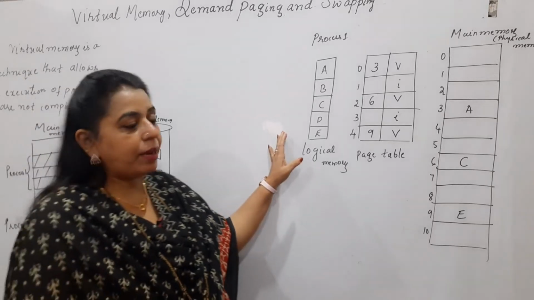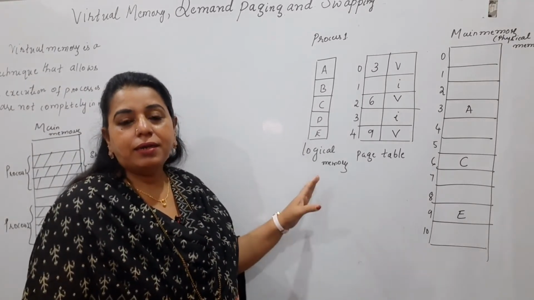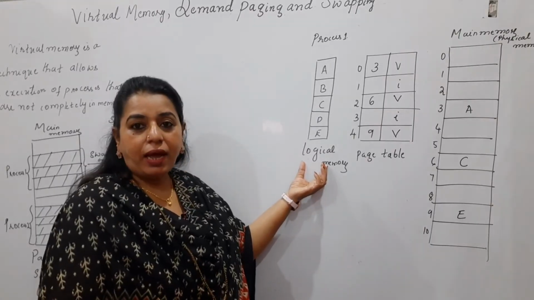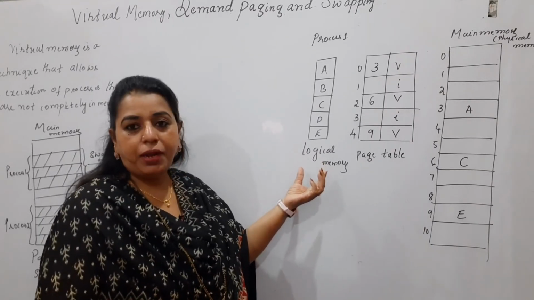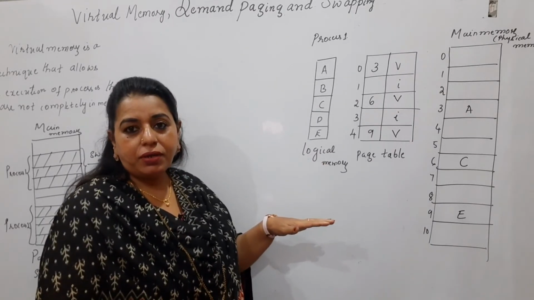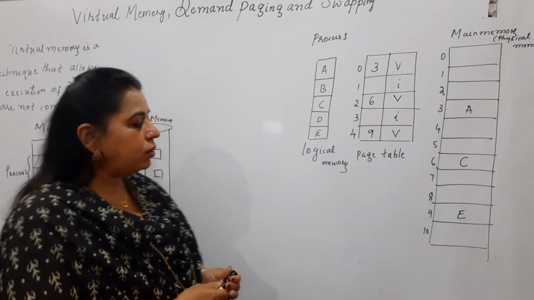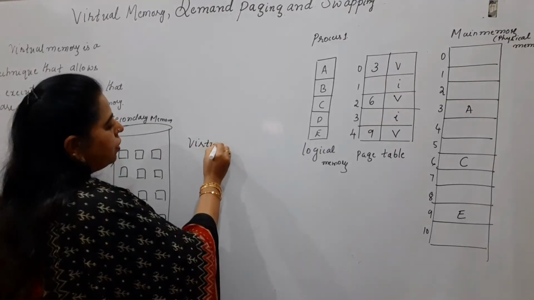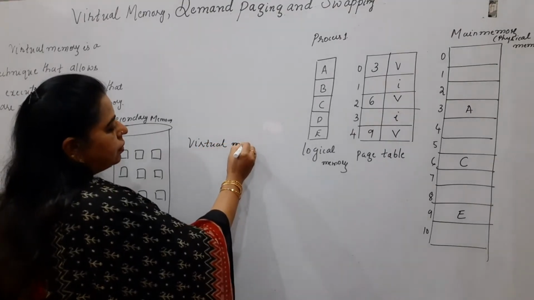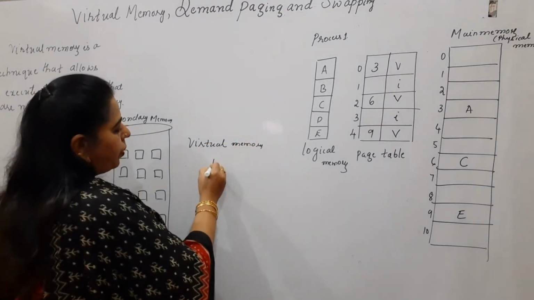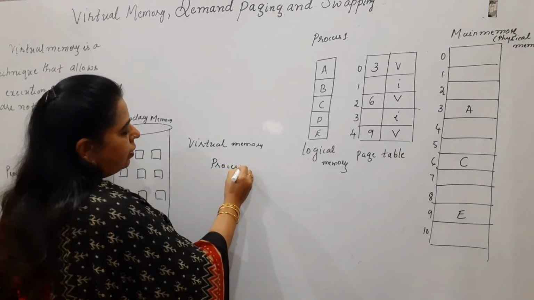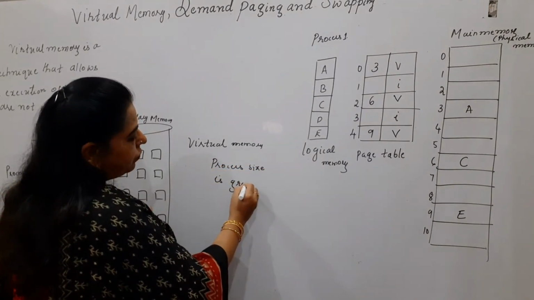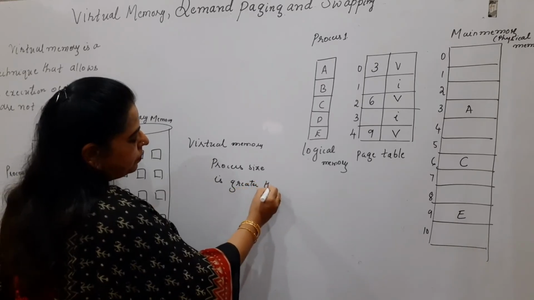So with this diagram, you can clearly understand this concept of virtual memory, or we can always say with another word called logical memory, which is not real. Virtual means not real. So this virtual memory always allows the execution of a process wherein the process size is greater than the physical memory size.